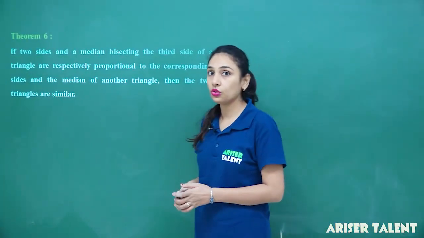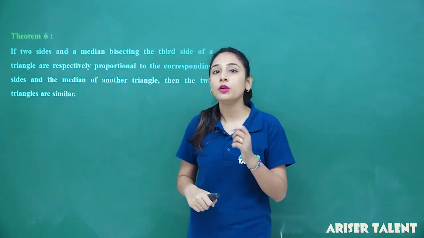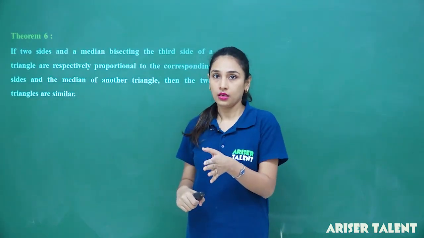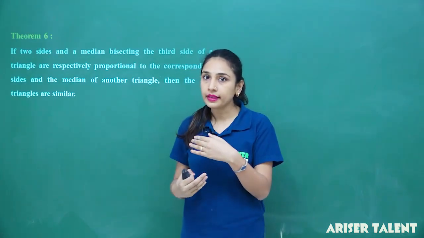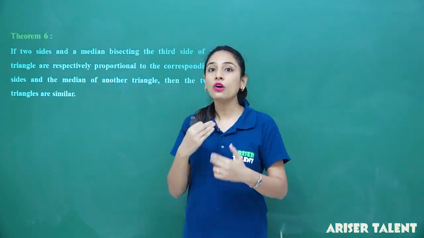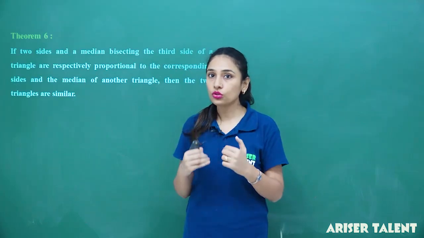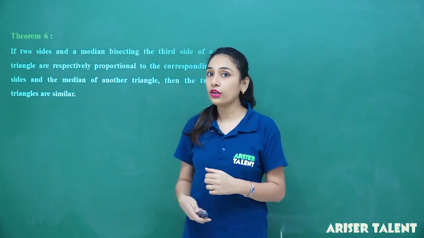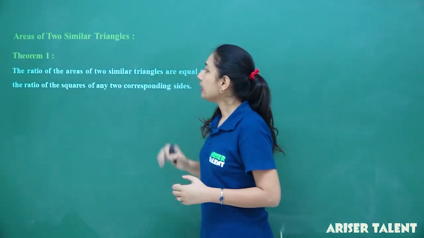Okay, students, so I've told you that after this theorem we will do some theorems related to area of triangle. We were only discussing the sides, medians, and altitudes. Now we will be discussing the area of triangle. So the first theorem based on area of triangle is the ratio of the area.